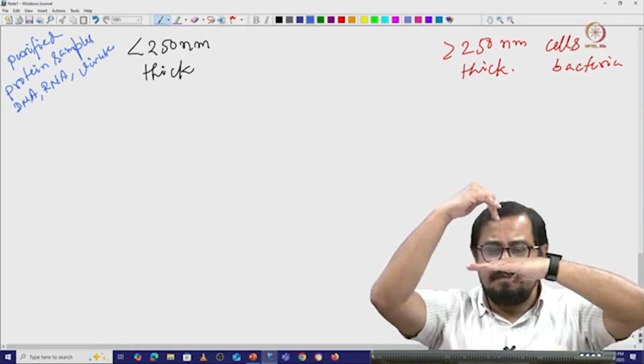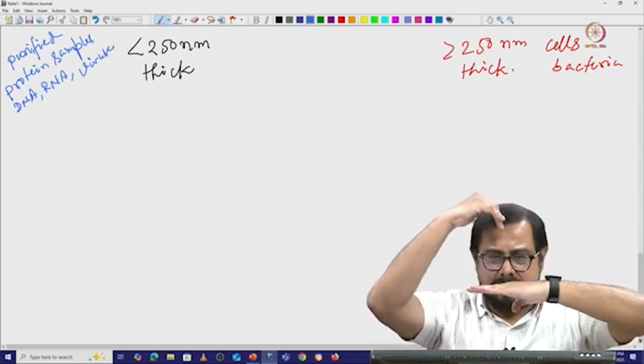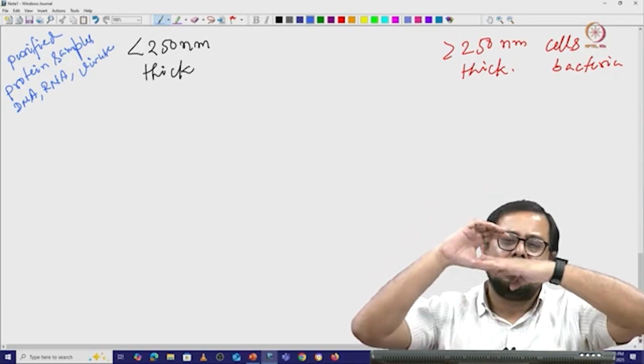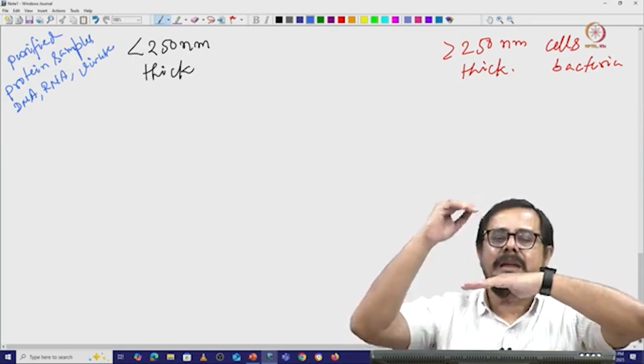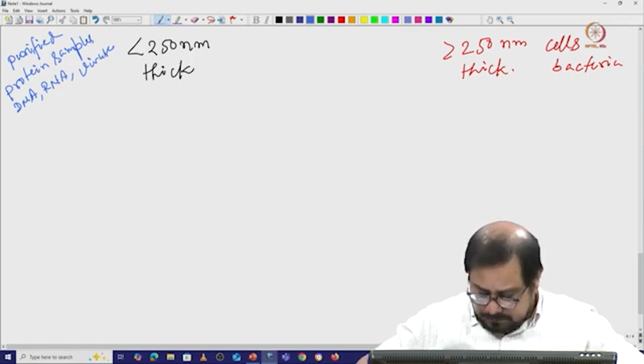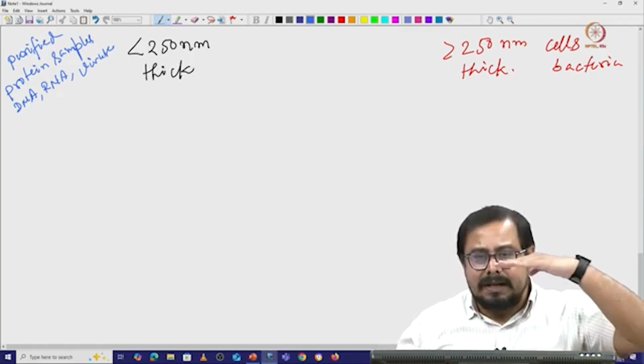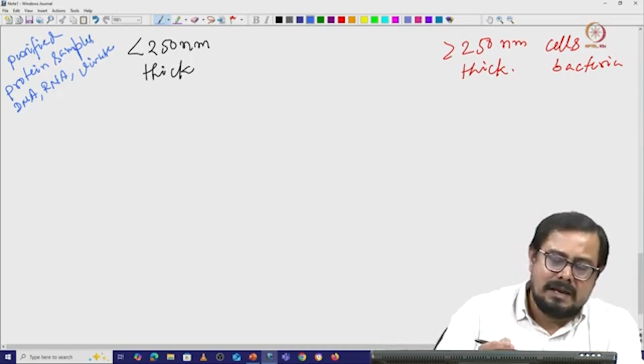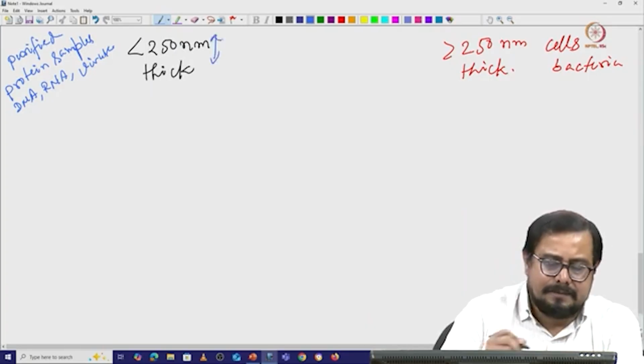So, the electron beam needs to transmit. If the thickness is very high, it is going to block everything, and we cannot see anything on the screen.